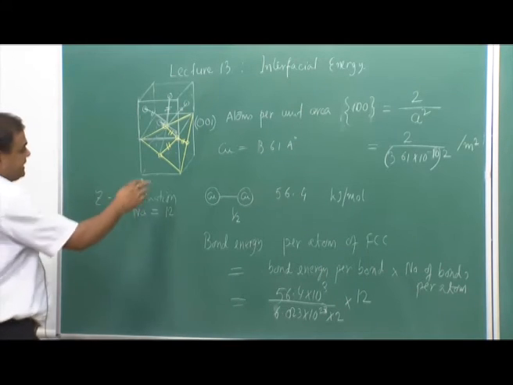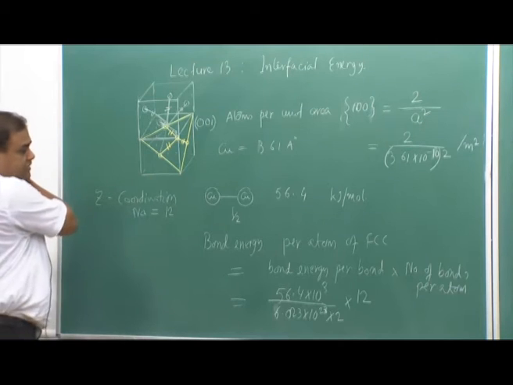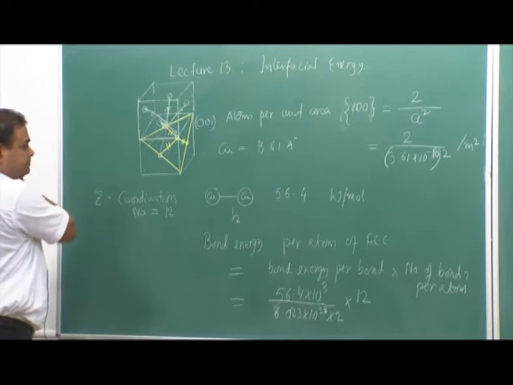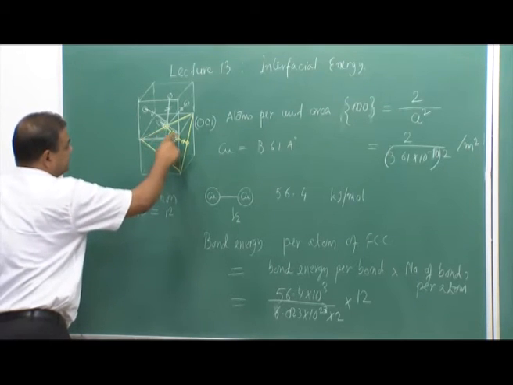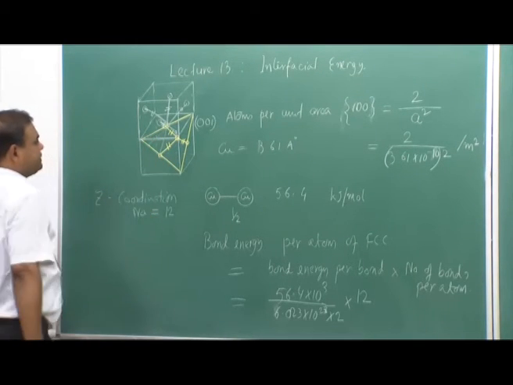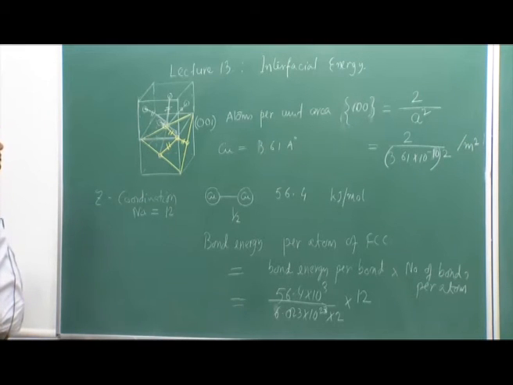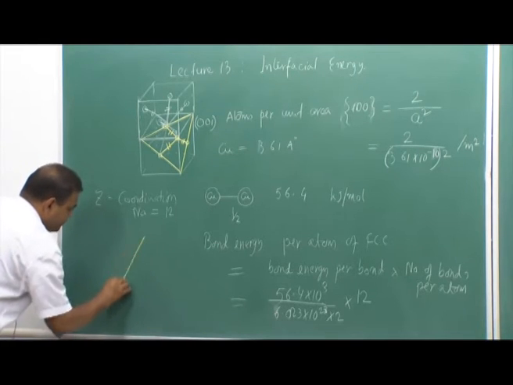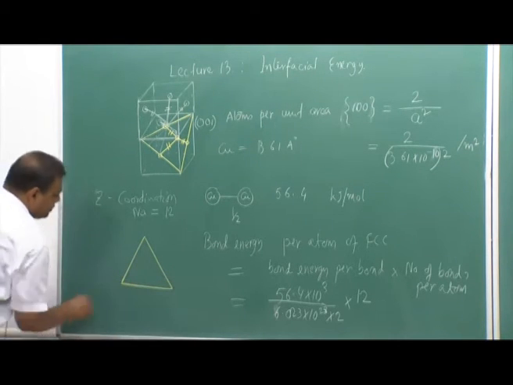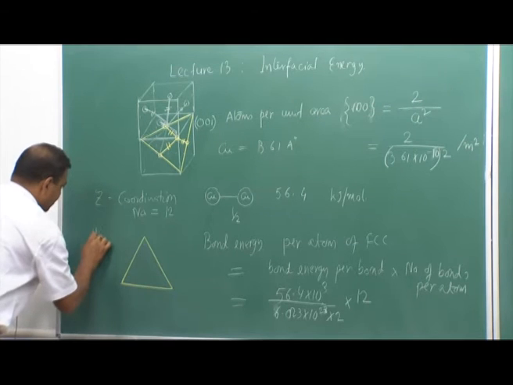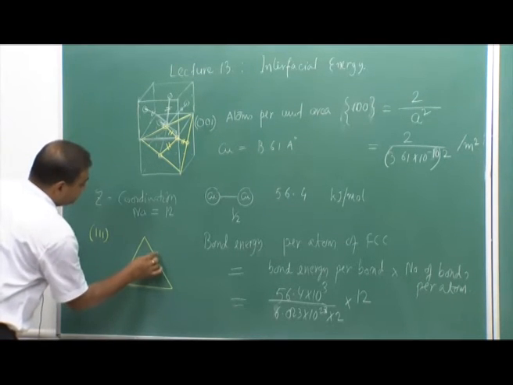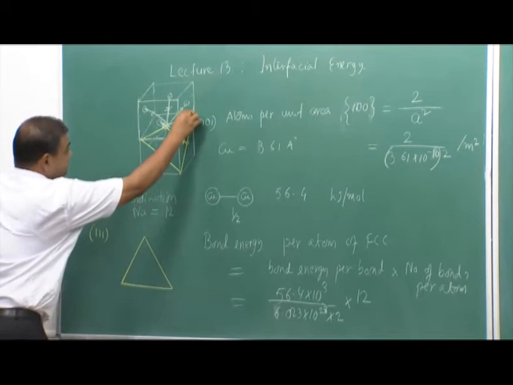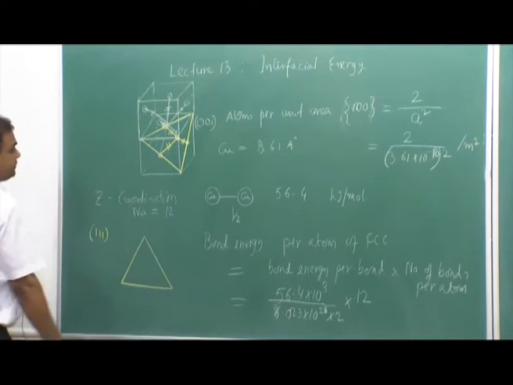Now, in this case, one thing is important. You have to calculate the area of this particular plane and the number of atoms per plane. So, in case of the 111 plane, this particular length, that means this is the diagonal of the face.